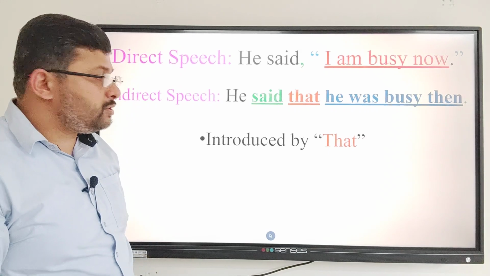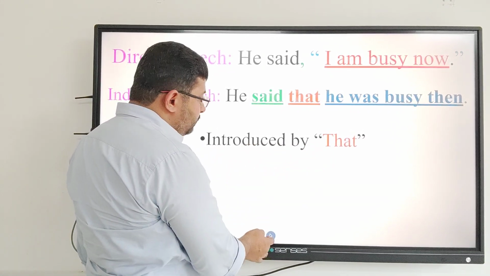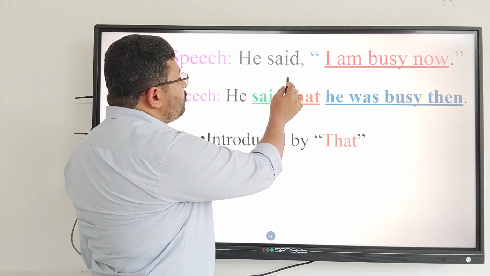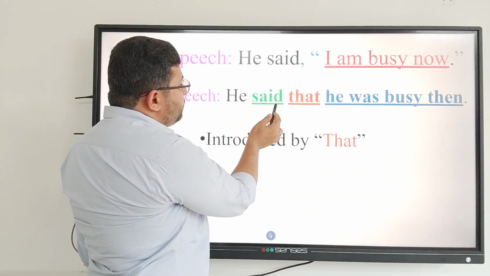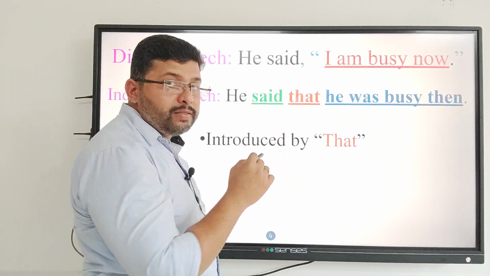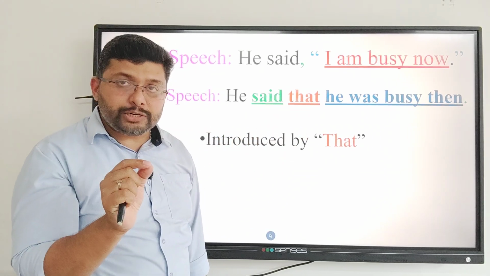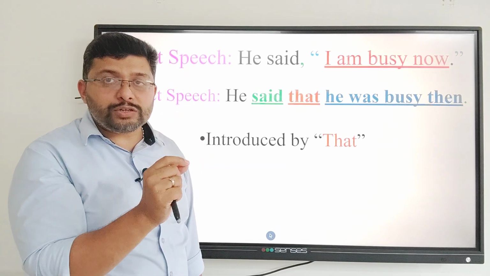And what are the features applied here? Introduced by that. Here you may see "he said" is repeated here. Then there is a "that" used here. That means it's a conjunction. In parts of speech, you might have studied it. What is meant by conjunction?